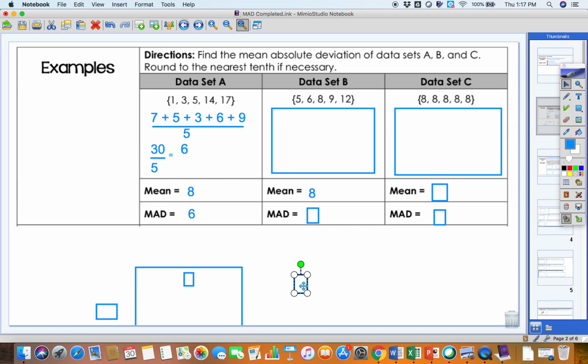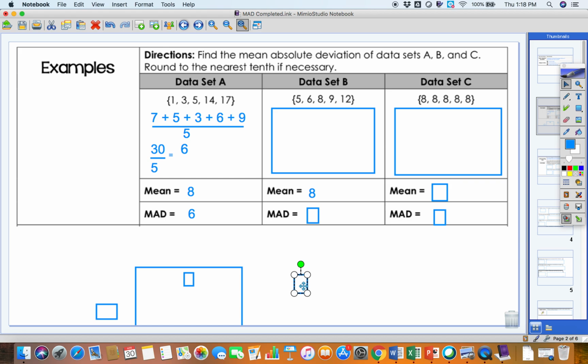And then we want to find the mean absolute deviation. So again, we're going to take the absolute value of each difference or distance between the data point and the mean. So 8 minus 5, 8 is the mean, 5 is the first data point, is 3. 8 minus 6 is 2. 8 minus 8 is 0. 8 minus 9 is -1, but remember we're taking the absolute value.